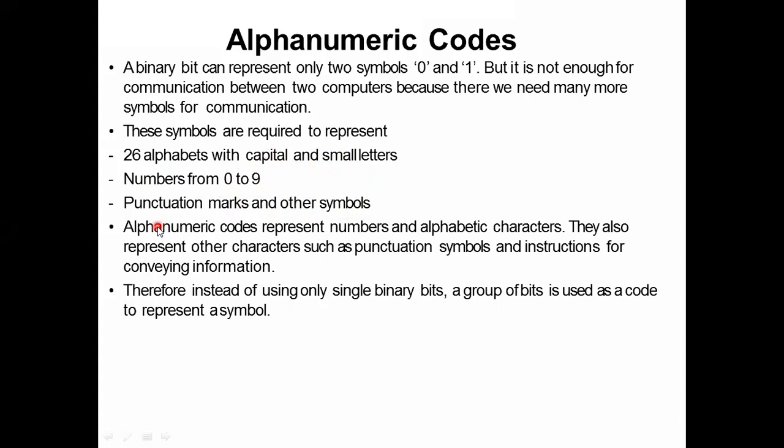That's why alphanumeric codes represent numbers and alphabetic characters by using ones and zeros only. All the alphabets, numbers and symbols are represented in the form of zeros and ones.